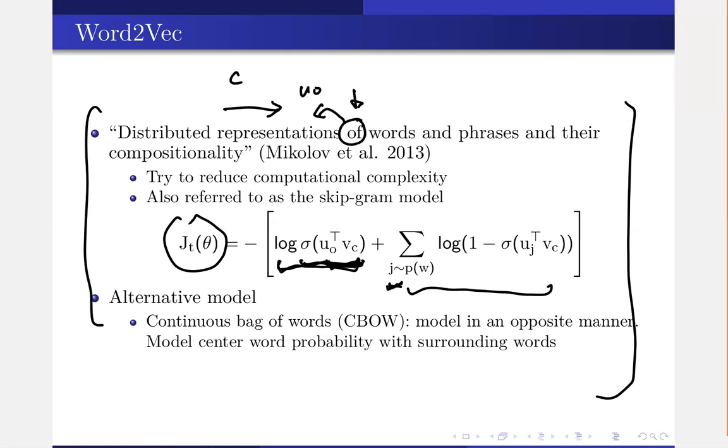And of course, this also depends on some other words here. So I have some other words sampled from this distribution PW. Naively, you can just use the unigram frequency distribution for all the words.